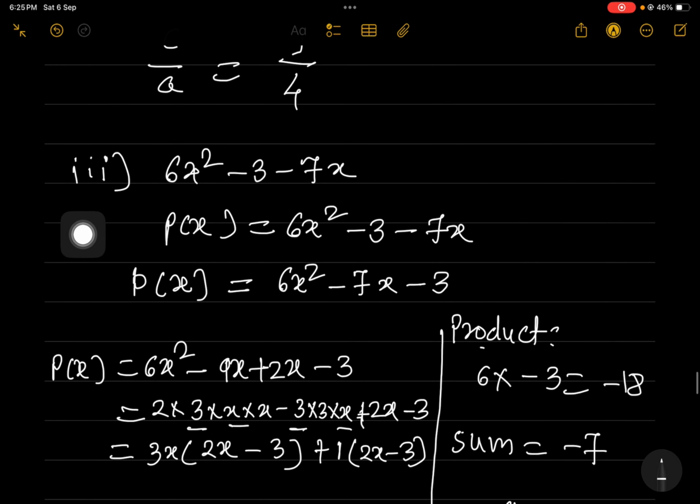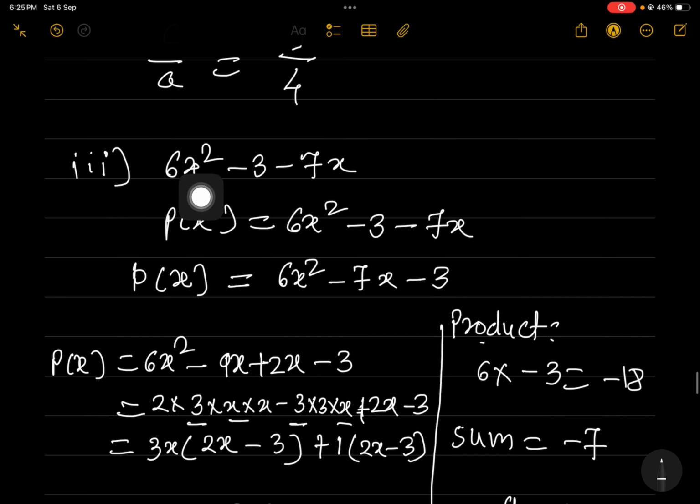Now see, the next example is given: p of x equal to 6x square minus 3 minus 7x.